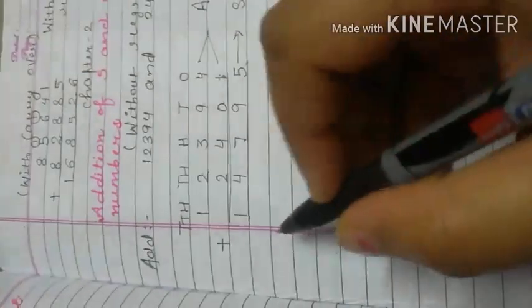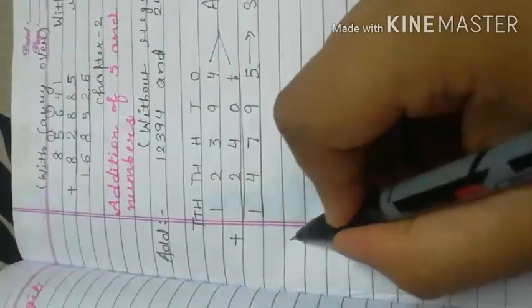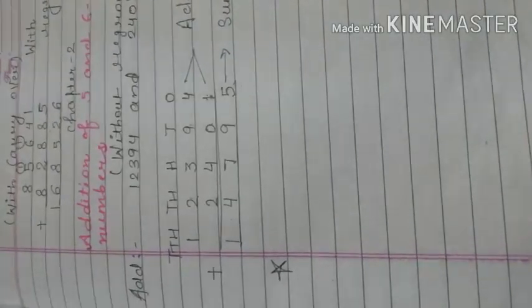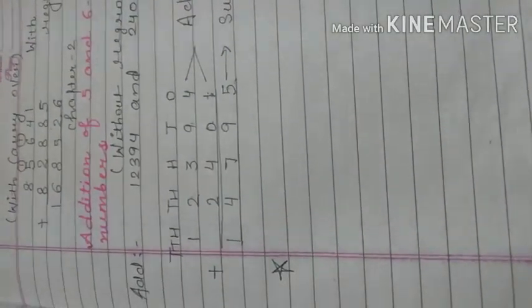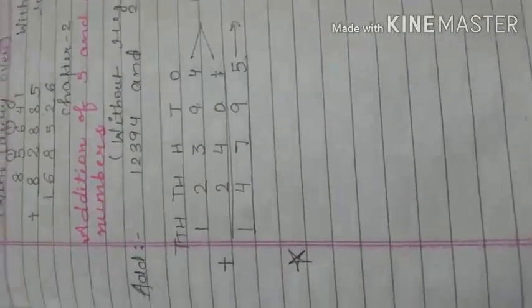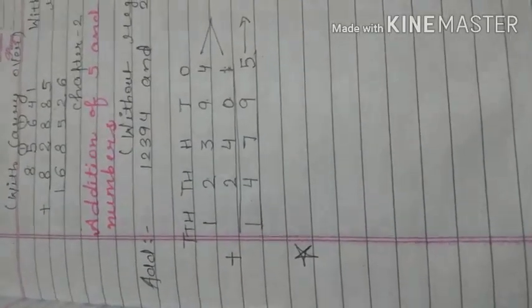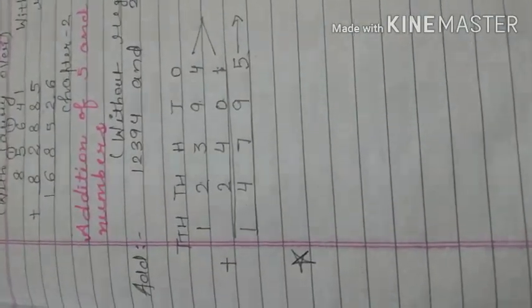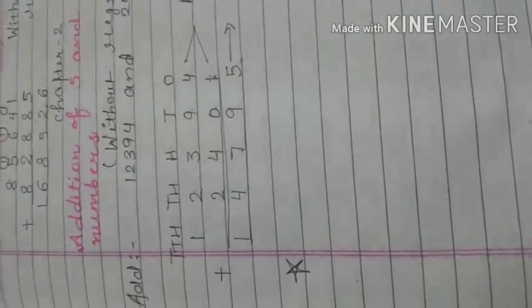Now you have another question also, where you will change the order of the addends, and then we will see whether we have any change in the answer or not.